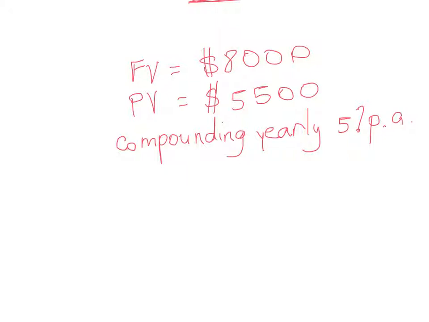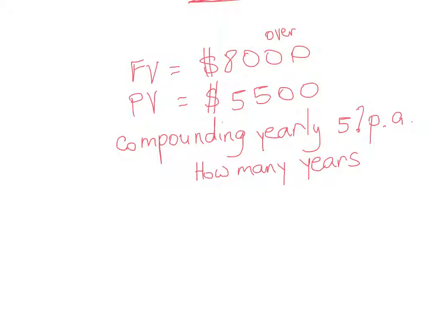And I want to know, how long did that take to happen? How many years did it take for me to end up with over $8,000? Let's say over $8,000.